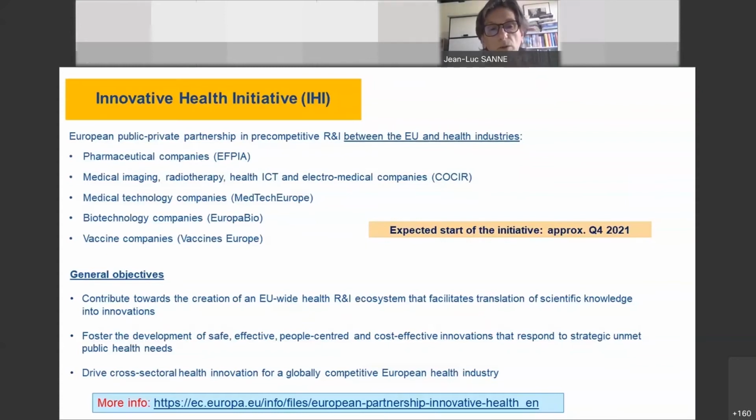But also we want to contribute to the creation of EU-wide health R&I ecosystems that facilitate the translation of knowledge into innovation. So that's why I say that there is a lot of potential collaboration with a partnership on personalized medicine. The expected start of this one is the 4th quarter of this year.